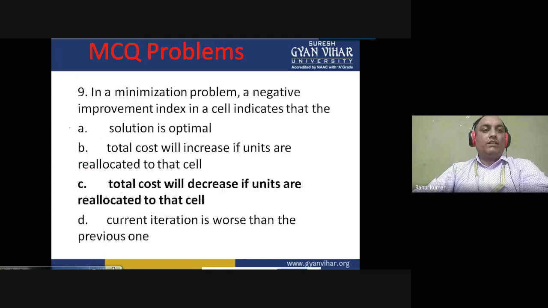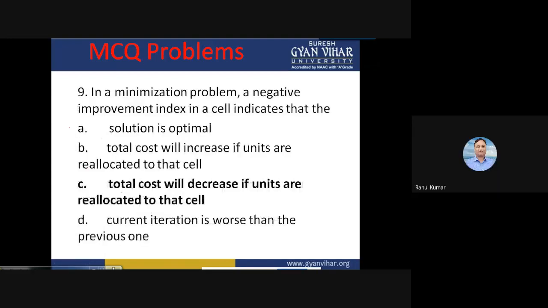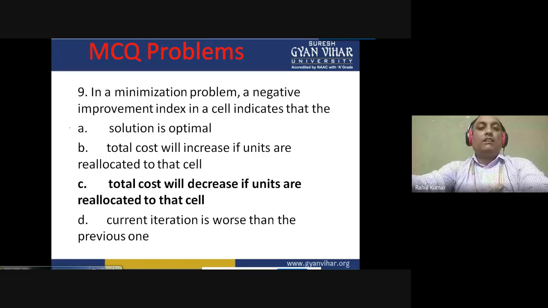In a minimization problem, a negative improvement index in a cell indicates that the solution is optimal, the total cost will increase if units are reallocated to that cell, total cost will decrease if units are reallocated to that cell, or the current iteration is worse than the previous one.